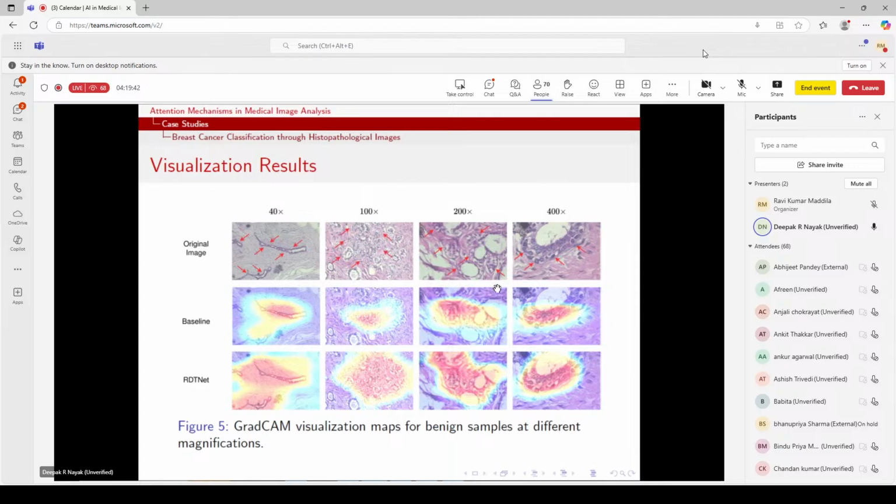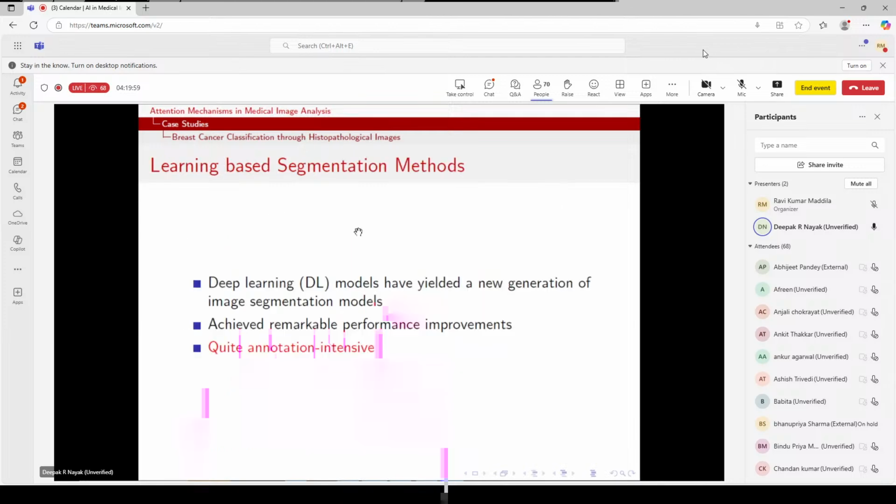The regions are not clear, and it is not focusing on all the important parts. But after introducing the transformer layer, it focuses on the important parts, exactly those parts where the doctors have provided the indicators.